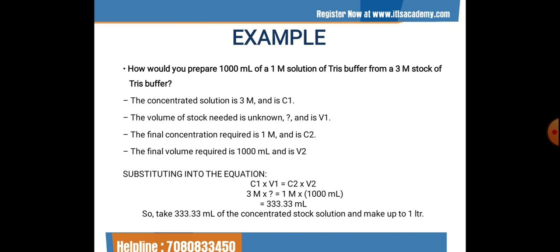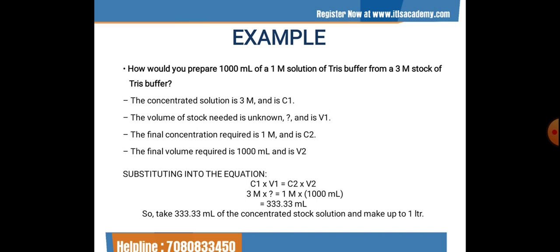So the concentration of the stock solution is 3 molar and it is C1. The volume of stock needed is unknown, we have to calculate it, that is V1. The final concentration required is 1 molar and it is C2. The final volume required is 1000 ml and it is V2. Now substituting into the equation C1V1 equals C2V2 and putting all the values, 3 molar into V1 equals 1 molar into 1000 ml.